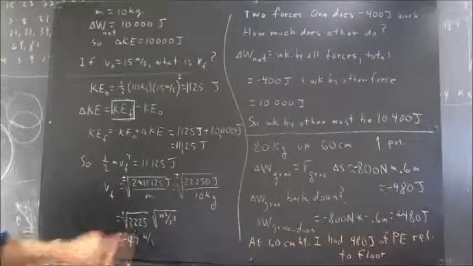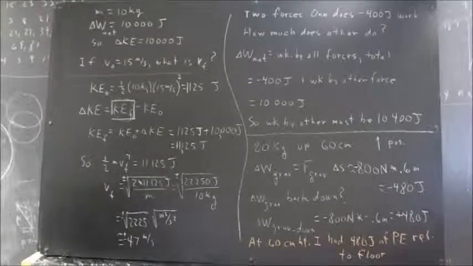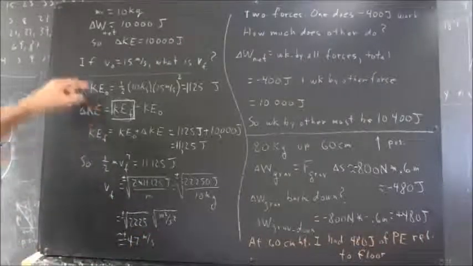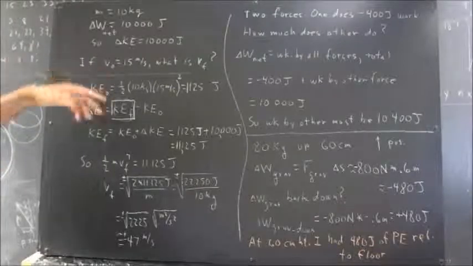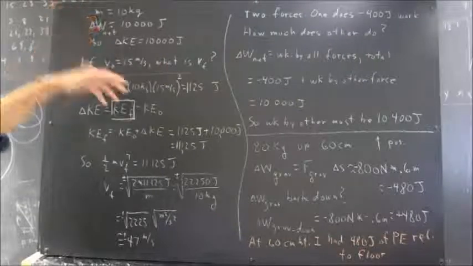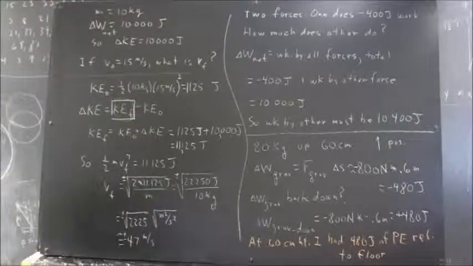We get the square root of 2225 meters squared per second squared, which gives us plus or minus about 47 meters per second. The same final velocity that we got when we calculated the acceleration, and then used that with the fourth equation to find the final velocity.